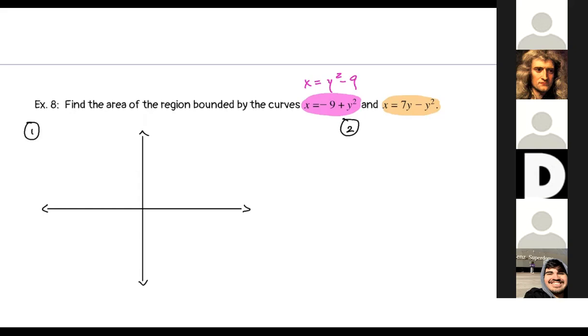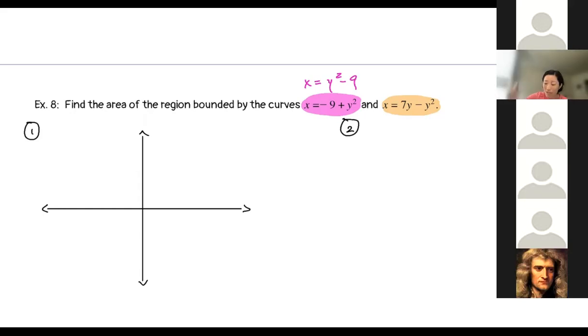We can use that same idea here, where it turns out that this x equals y squared minus 9 is a sideways parabola. And which direction is considered negative when we're thinking about side to side? The left, exactly. So this turns out to be a parabola that is shifted 9 units to the left. That's it. Okay. So if we kind of sketch that out, we'll end up with this as our parabola.